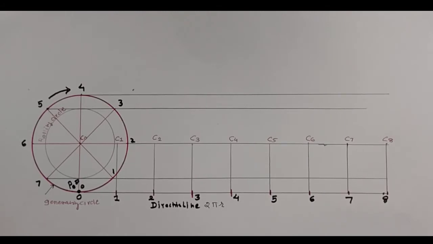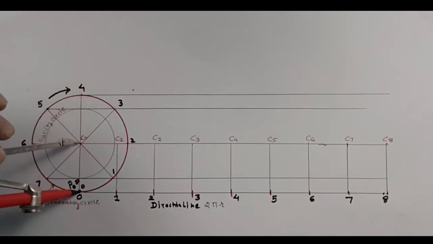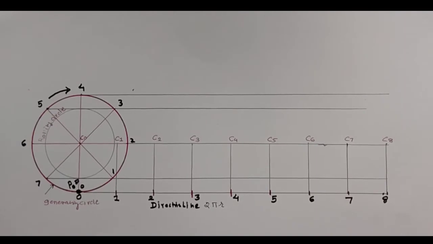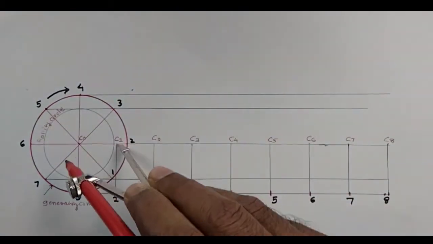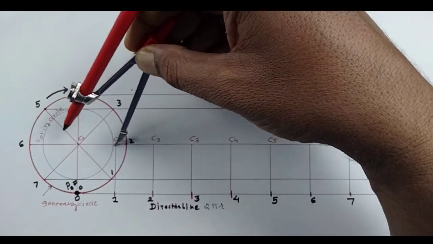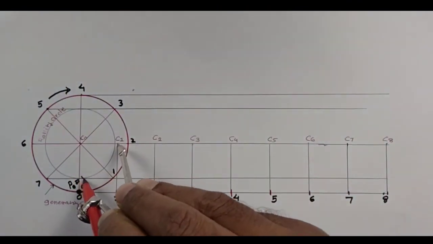Now the last step. Here we choose the radius 35 mm, meaning the radius of the generating circle, center C0, and we draw the arc on the 0 number line. So there is the initial point P0. Similarly, you choose your center C1 and draw the arc on the 1 number line.